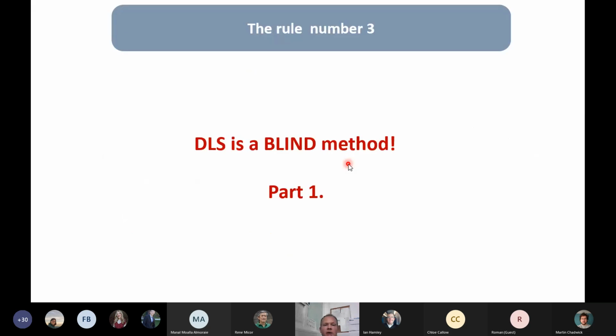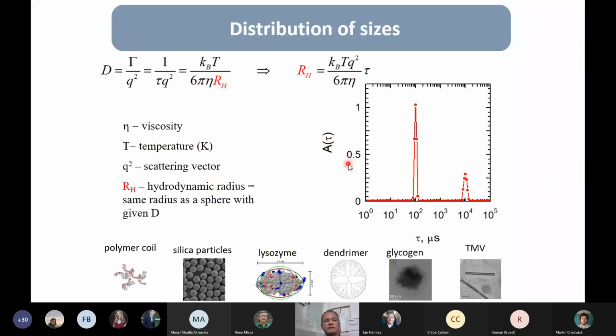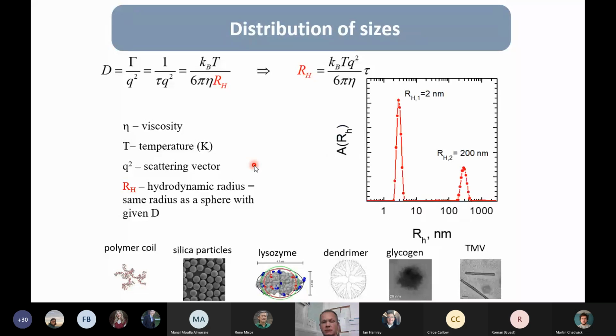And rule number 3 that I would like to explain is that dynamic light scattering is a blind method. Why? It gives you only the value of the diffusion coefficient, and then your program converts it from the characteristic correlation time to the hydrodynamic radius.